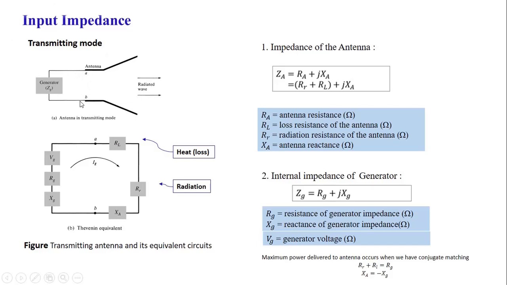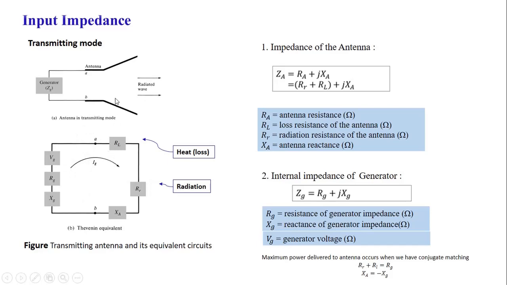Let us consider there is an antenna that is connected to a generator with its internal impedance denoted by Zg. This antenna, whenever it is fed with energy, will start radiating. The Thevenin's equivalent of this antenna in transmitting mode is shown over here.